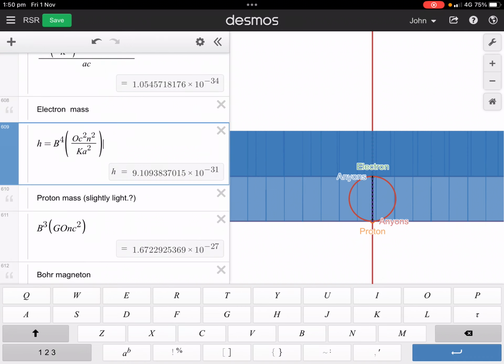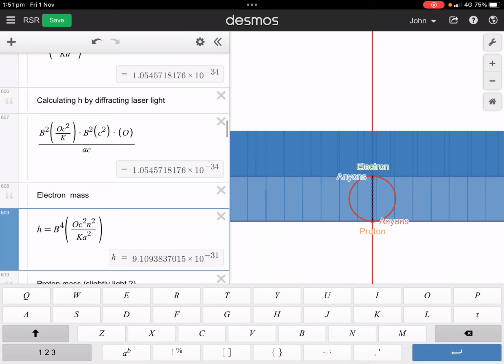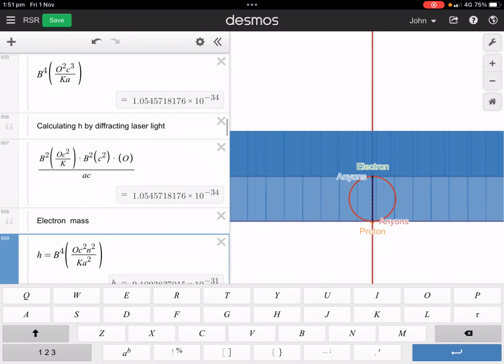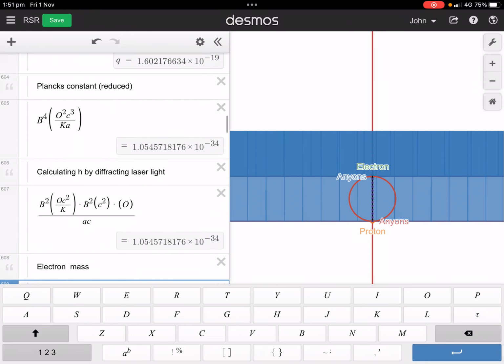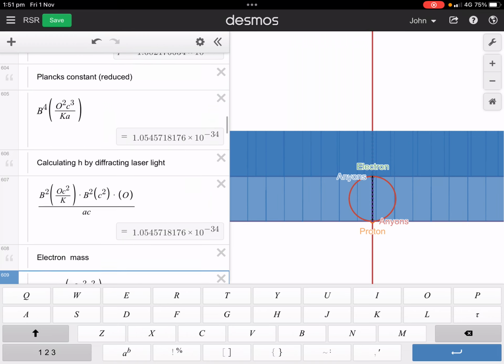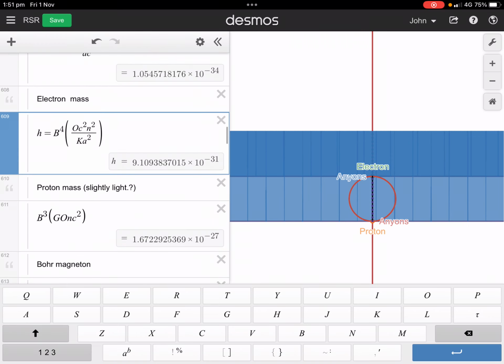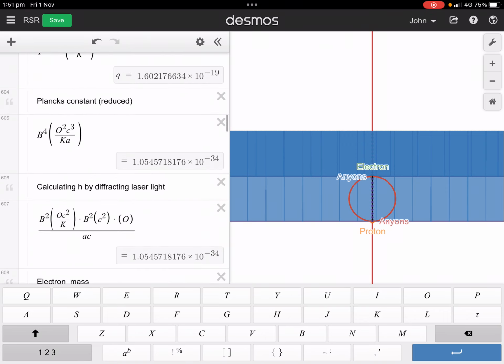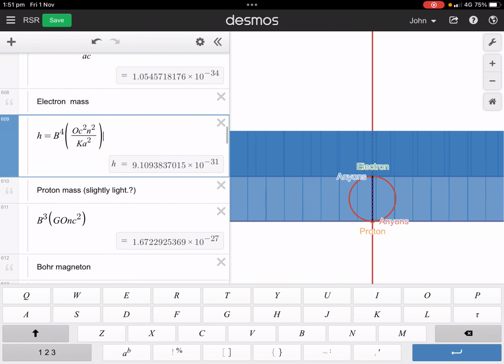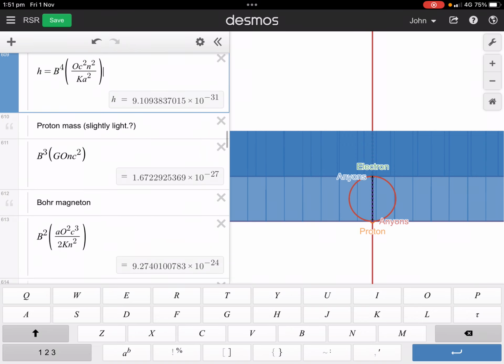And electron mass is also b to the power of 4. So in other words, Planck's constant and electron mass. That's why they're now saying Planck's constant is a basic unit rather than mass, because they're both b to the power of 4.